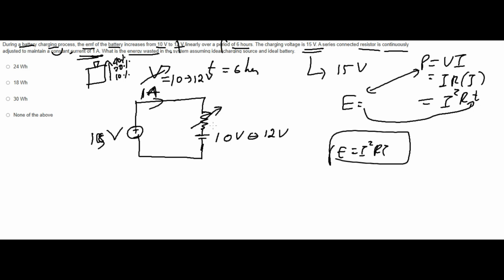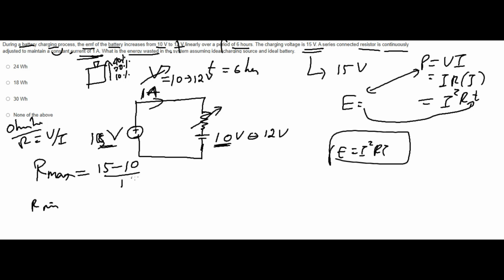Okay, so after the equation, I can make the calculation here. There will be a maximum as well as a minimum. As per Ohm's law, R is equal to V divided by I. Let me first take the 10. So what is the R now? We have to find R. First of all we mention the 15, the source voltage, minus the lower voltage, 10, divided by I, which is 1.